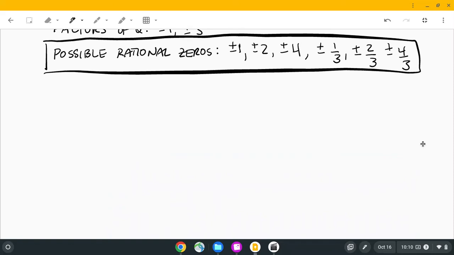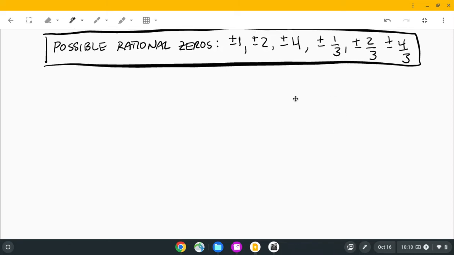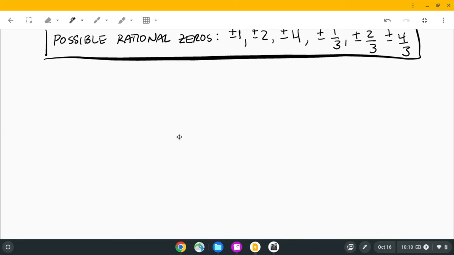Okay, let's try another one here, one that's a little more interesting. This one looks pretty good. All right, suppose I have this polynomial, 10x cubed minus 2x squared minus 25x plus 5.